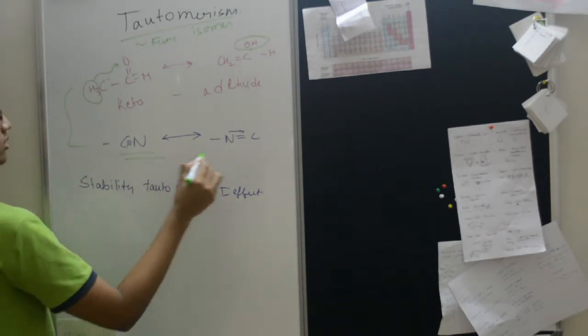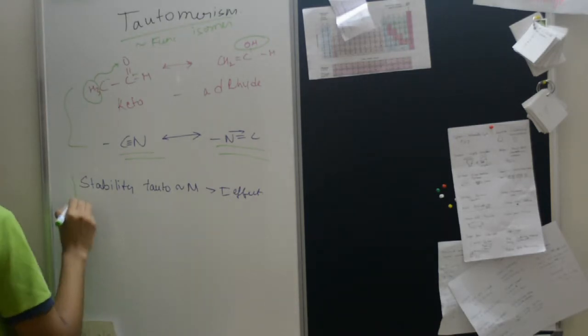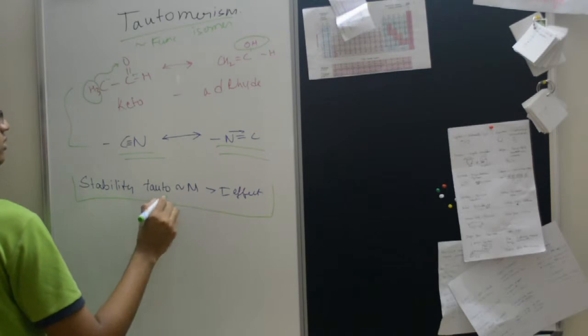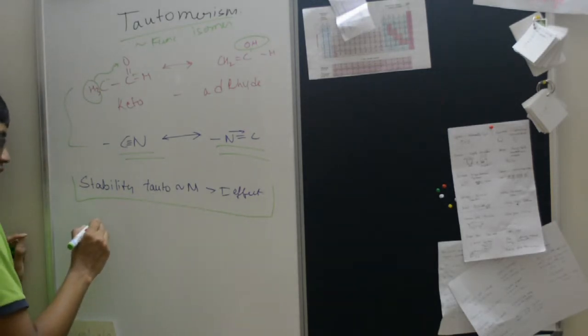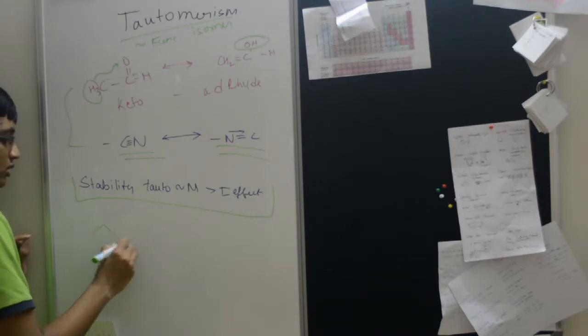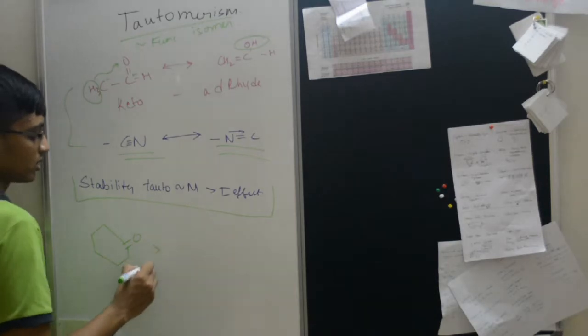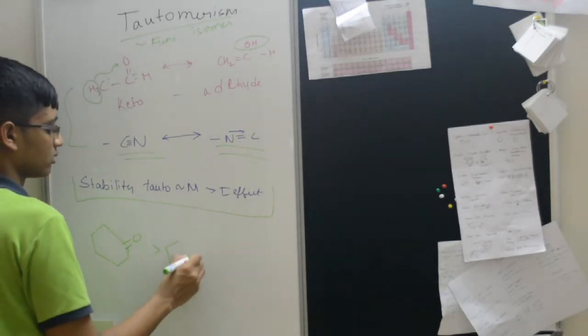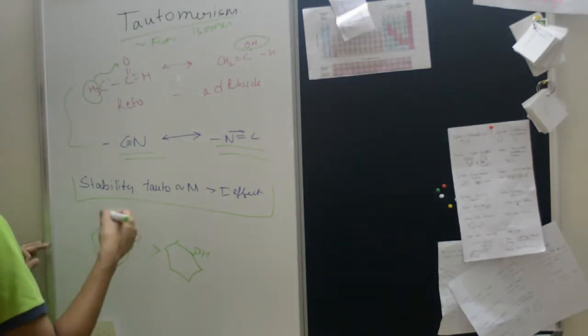This is also another example of a tautomer, and the main thing you should remember is that stability of tautomer is greater than the I effect. And another thing you have to remember is about chain and ring tautomers. In ring tautomers, keto is greater than alcohol, and in chain it's the opposite.